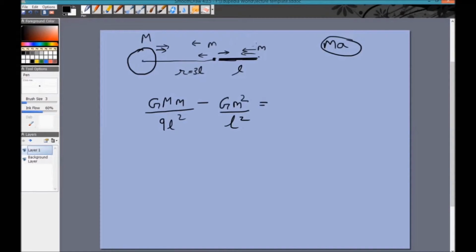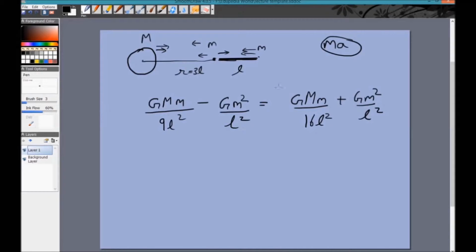The same ma will have to be true for this particle because they are connected by a rod. And for this particle, the forces, both of them acting towards the left, are GMm by (r plus L) whole squared. R is 3L plus L is 4L, so by 16L squared plus Gm squared by L squared.